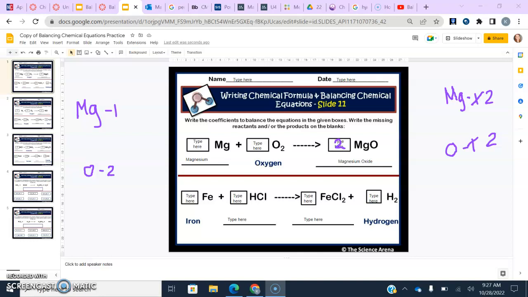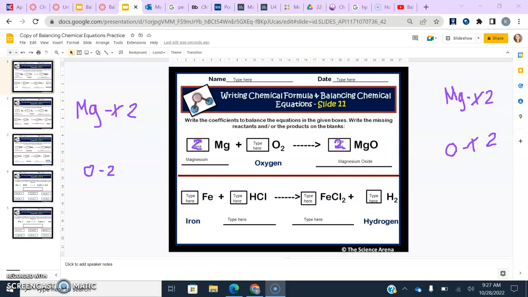So now we have 1 on the left and 2 on the right, but this is an easy fix. Because magnesium's by himself, I can add a coefficient of 2, and now they're balanced. So we have 2 magnesium plus O2 will yield 2 magnesium oxide.